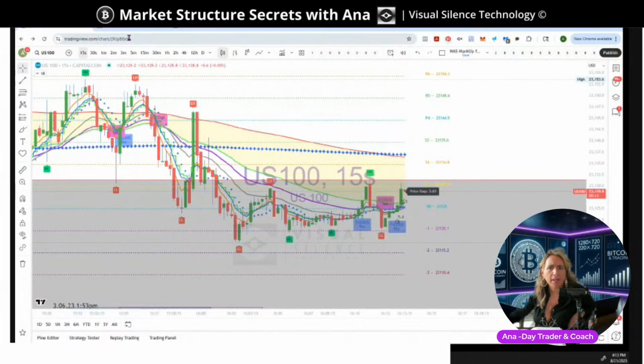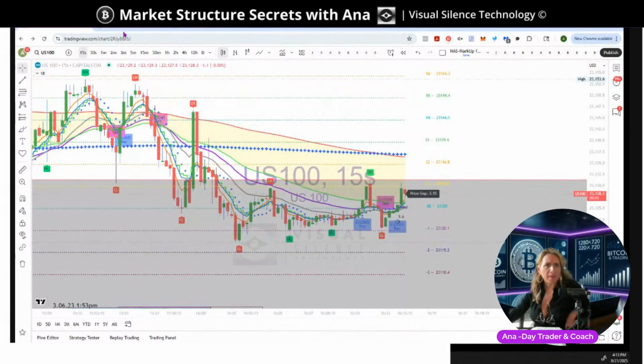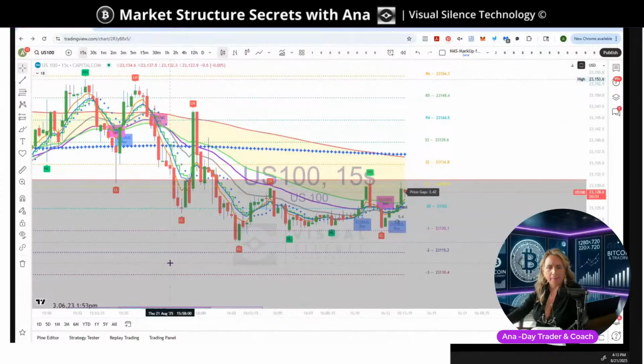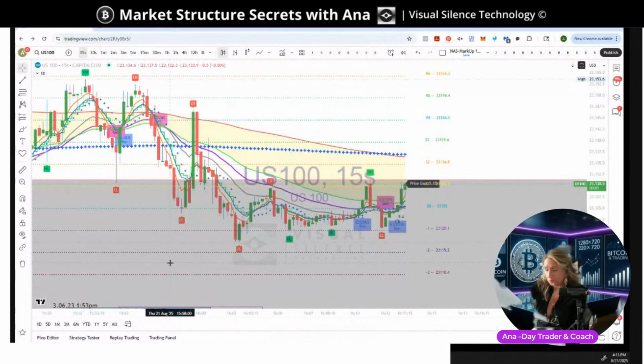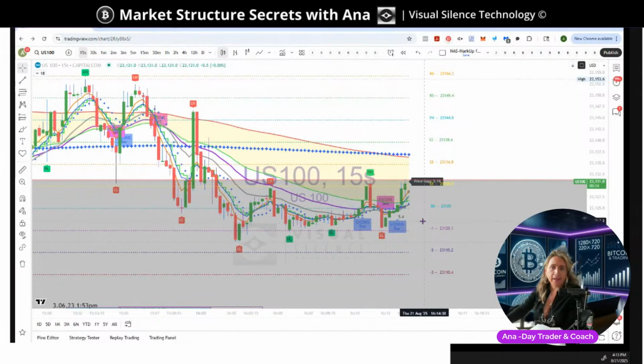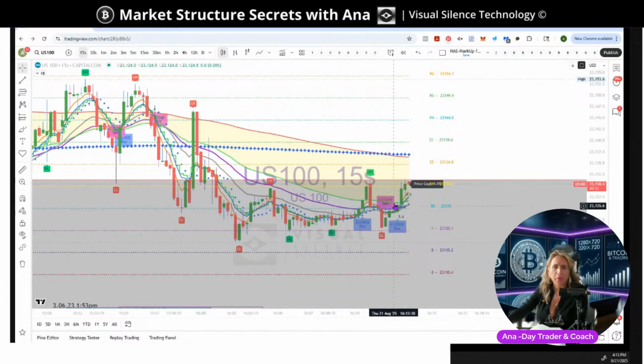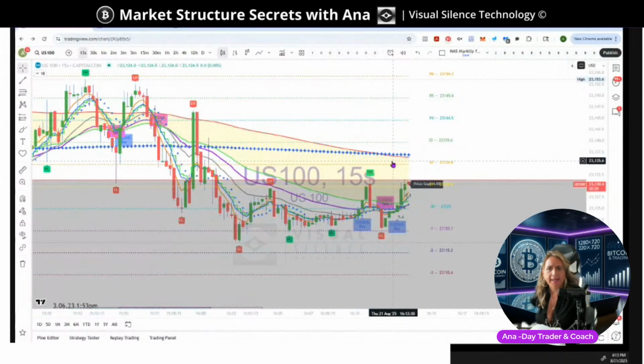Now we have the buy. I thought that momentum would be better. All right. We're not at the 800.